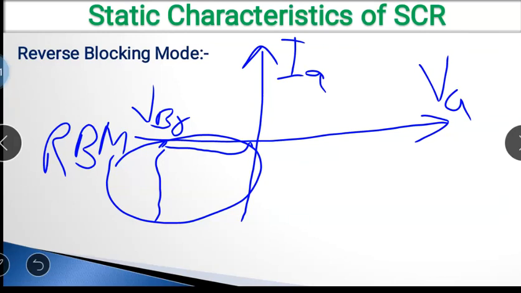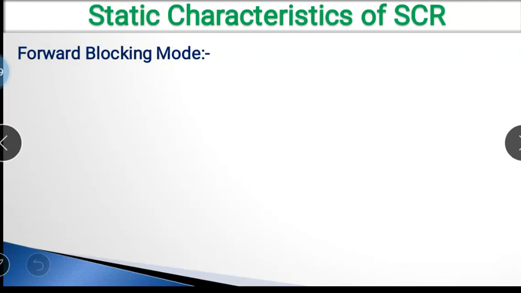Okay, so this mode of operation is also not possible for the characteristic of SCR, because in that case the SCR has a chance of being damaged. Okay, now next we will study the forward blocking mode.